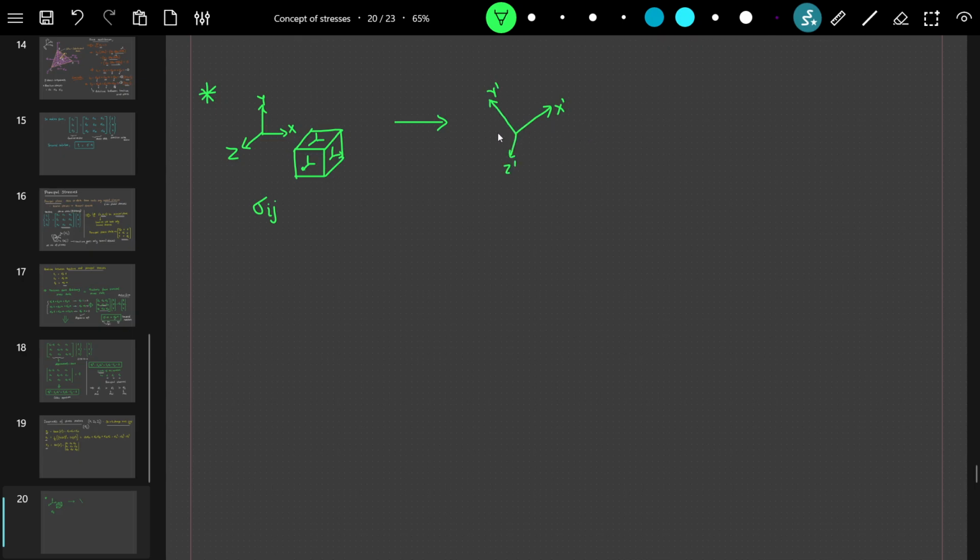So about this coordinate system at this point, the stress will change. Some stress components, and let's denote this as sigma ij'. The dash means this stress matrix or stress components are with respect to the x' y' z' reference coordinate system.